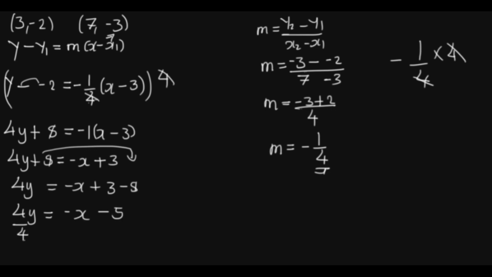So we divide by 4, also here by 4. y is equal to negative 1 over 4 x minus 5 over 4. So that's it for this video. Thanks for watching.